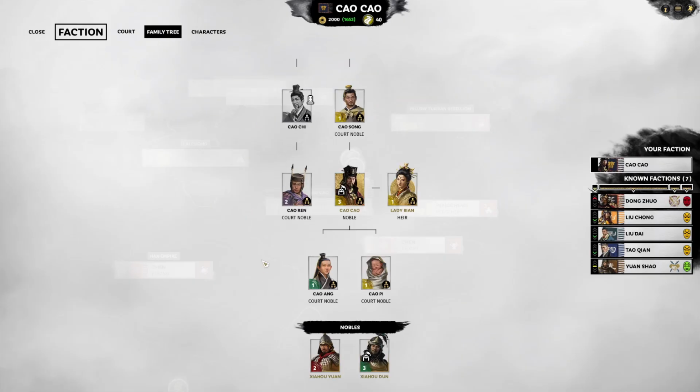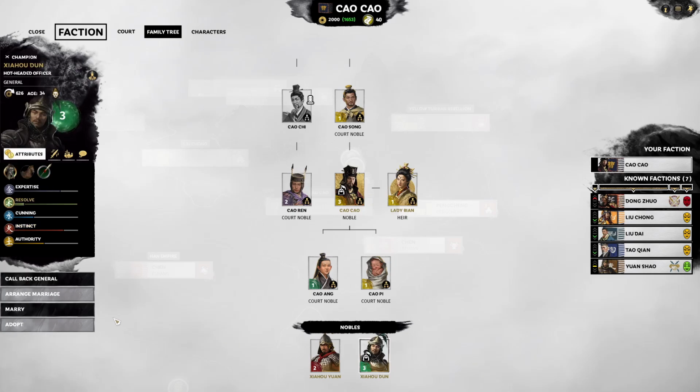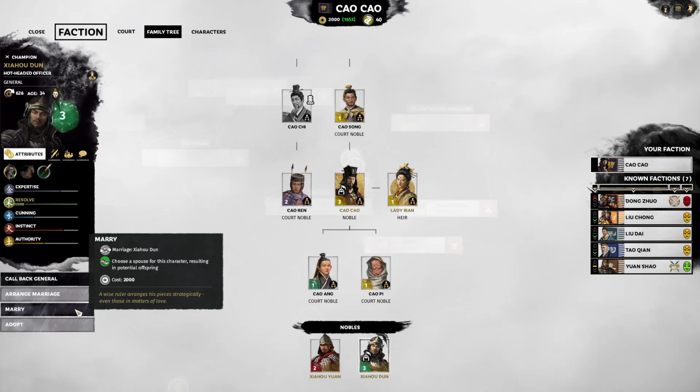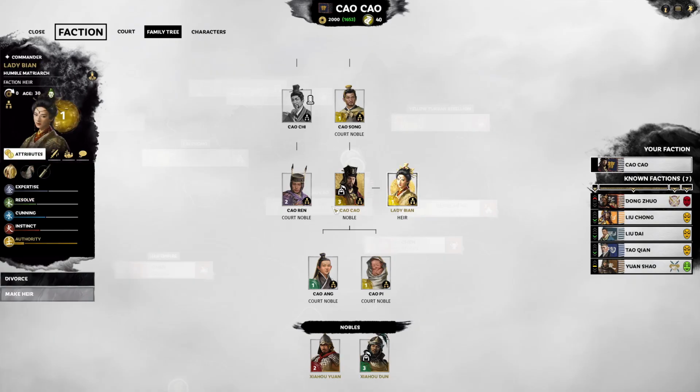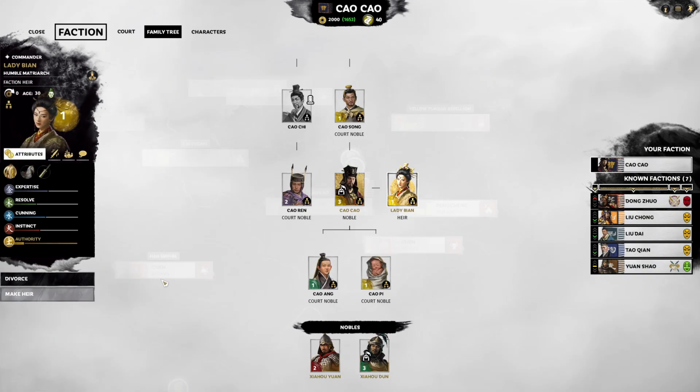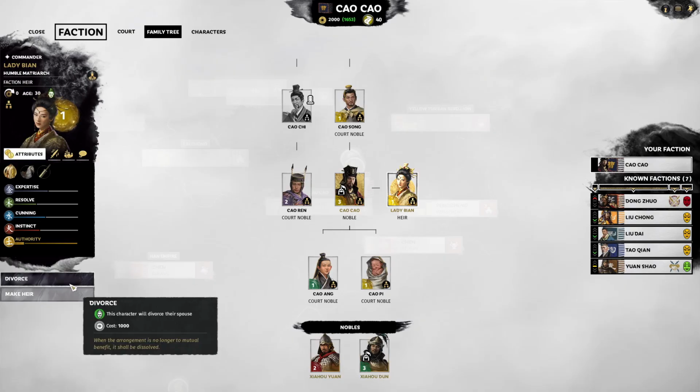And sometimes if you have a character in your court who could be a great heir, then you can always consider adoption, because you definitely need to adopt them into your family before you can make them your heir. Now, adoption does cost money. It costs 4,000 for adoption, 2,000 for marriages, and I believe divorces are also quite pricey at 1,000. It's cheaper than the other two, but it's not free.